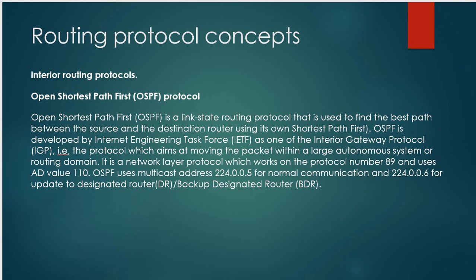For normal communications, it uses the multicast address 224.0.0.5, and 224.0.0.6 for updates to designated routers, the DR and the backup designated router, BDR.